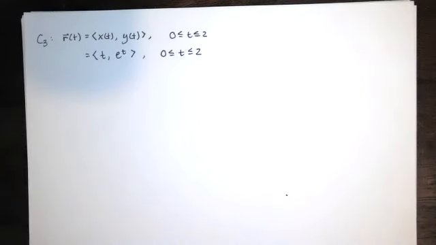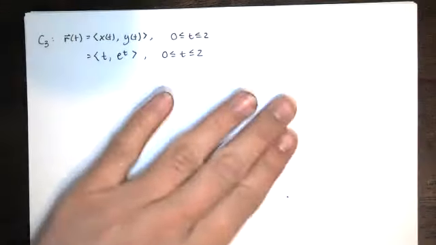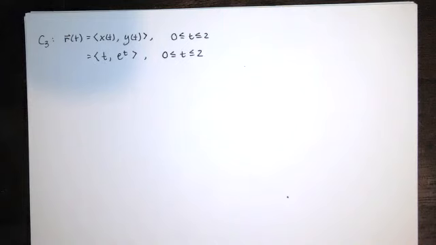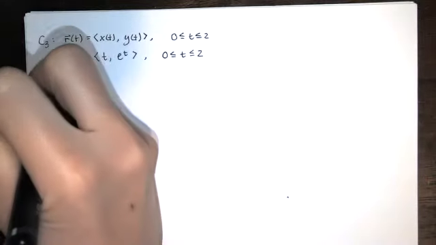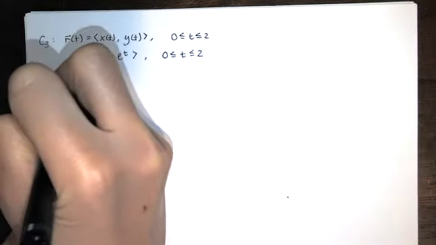Not because the other one was difficult, but because the other one had all those sort of weird constants involving the e squared minus 1. So now let's evaluate the line integral over C3.